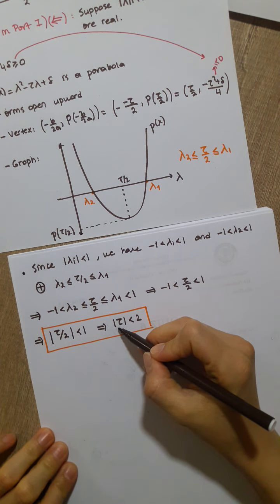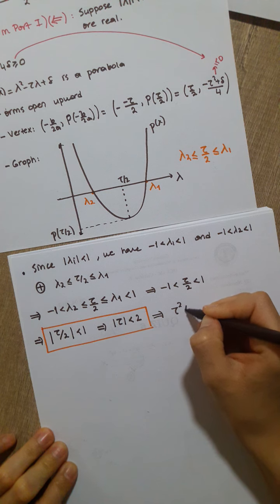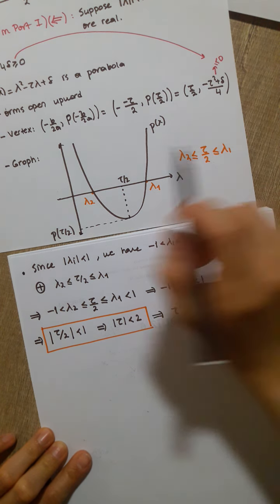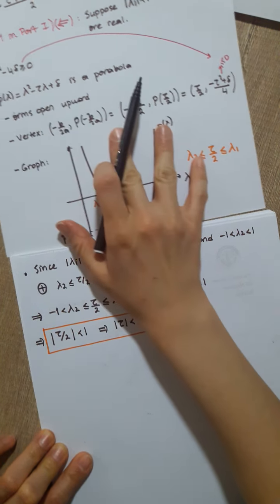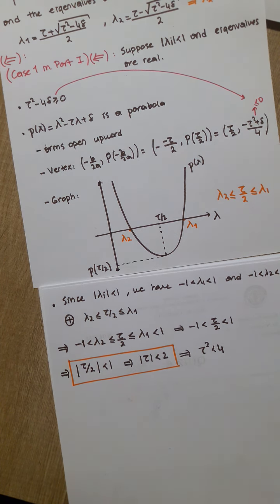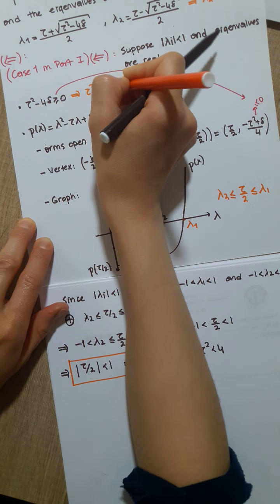If tau is absolutely less than 2, can I say this? Tau squared is less than 4? Yes. On the other hand, from here, I know that tau squared is greater than or equal to 4 delta.